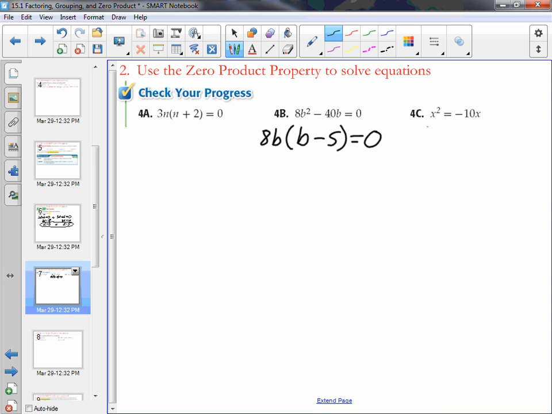The zero product property says that 8b equals 0 or b minus 5 equals 0. That's right. You divide by 8, you get b equals 0, or what else? b equals 5 when you add 5 to both sides.